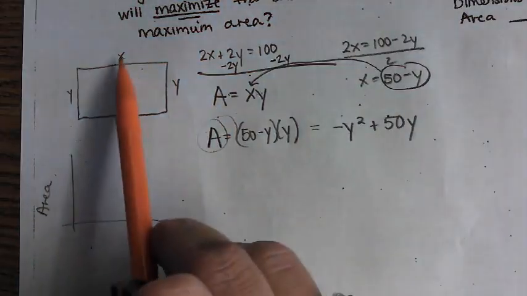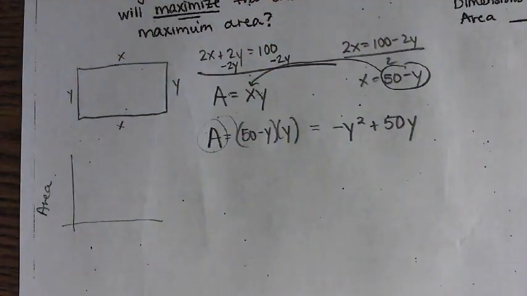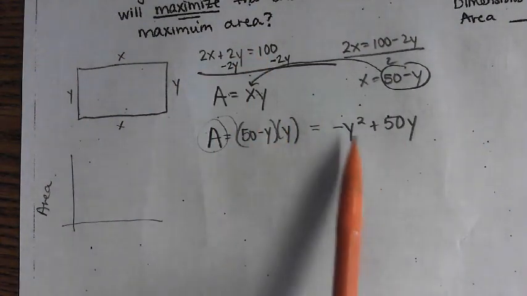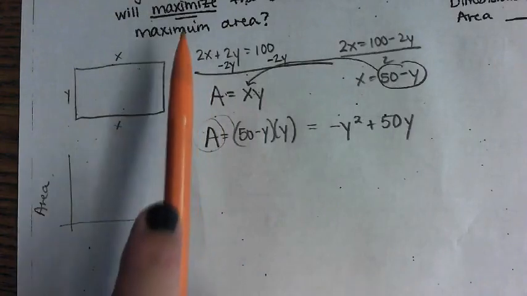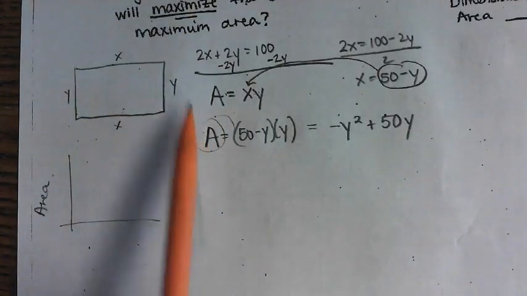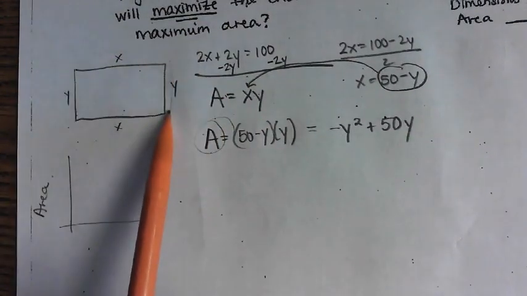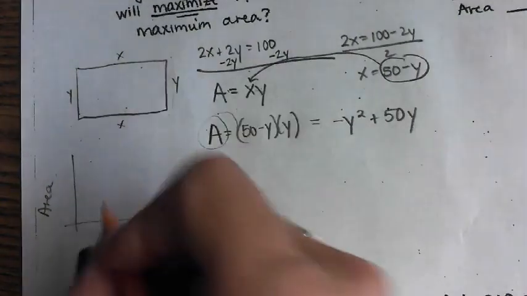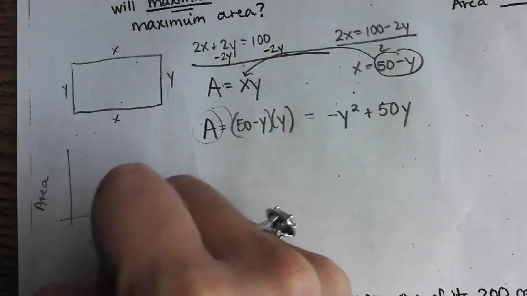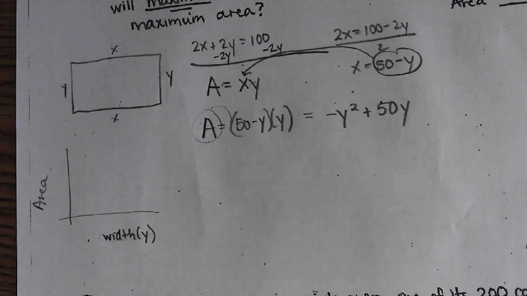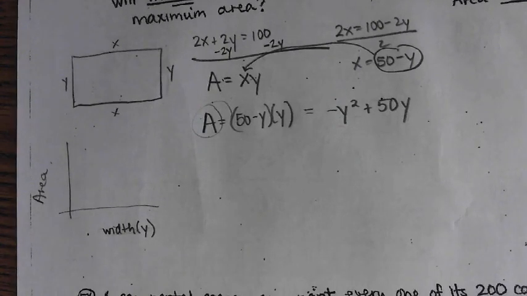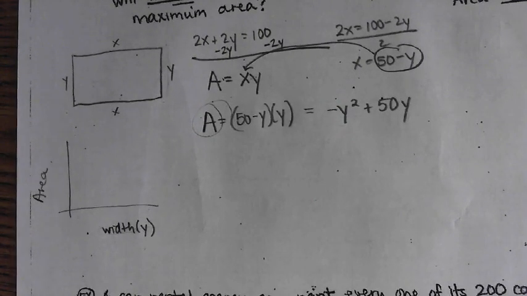And maybe I should have used L and W to prevent this confusion, because my y-coordinate here, which is my width, if we do length, width, that actually is my x-coordinate. I just happen to be calling it y, if that makes sense. So maybe you want to avoid x and y and use L and W.